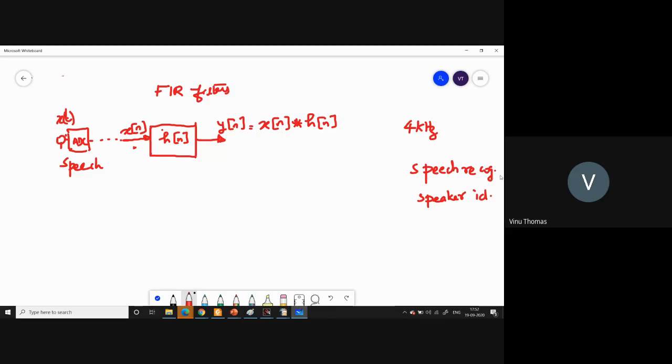In speech recognition, the aim is only to understand what is being spoken. The aim is not to find out who is speaking. Speaker identification is a more complex task where the aim is also to find out who is speaking. So these are two different concepts.